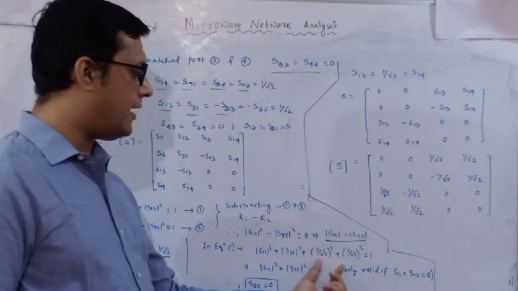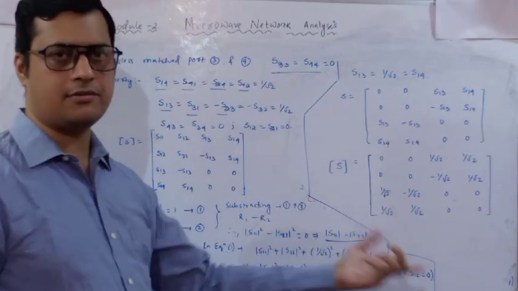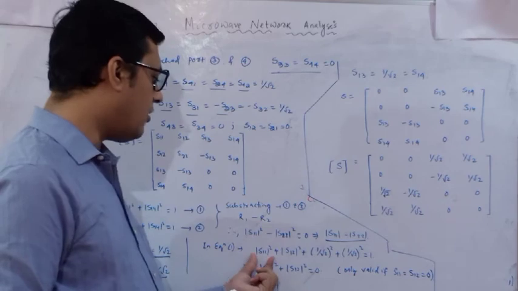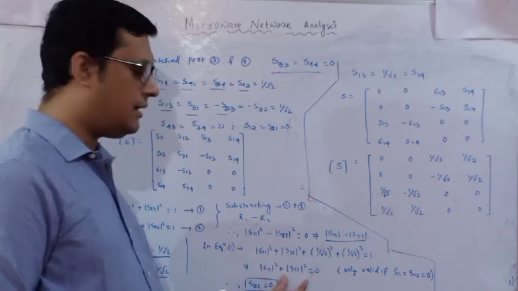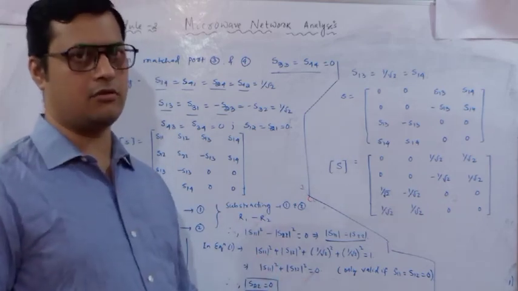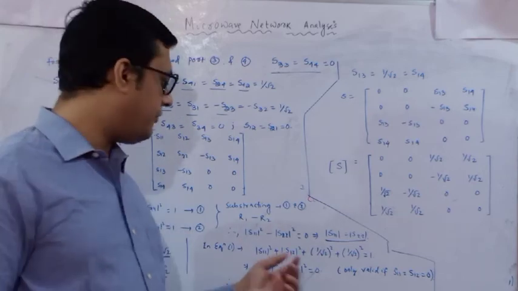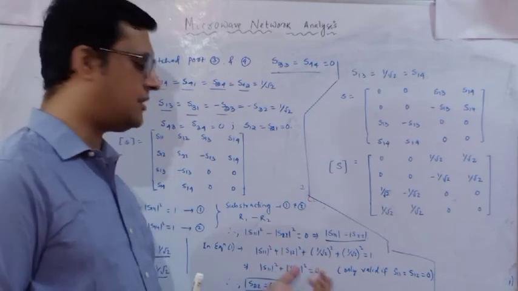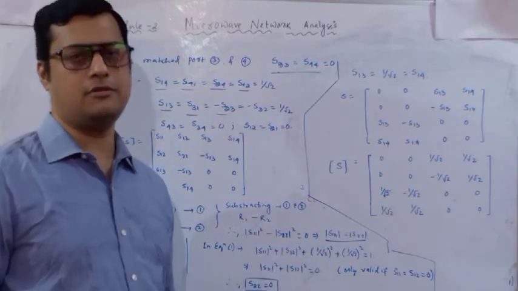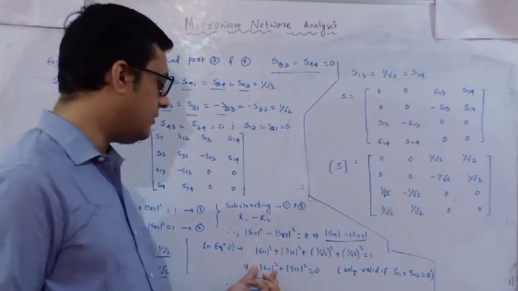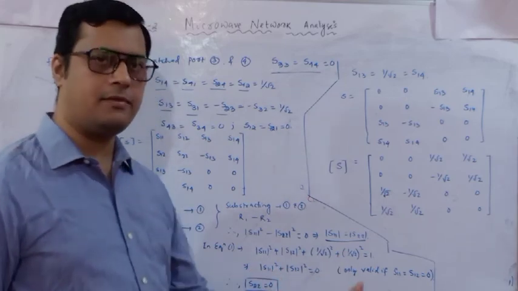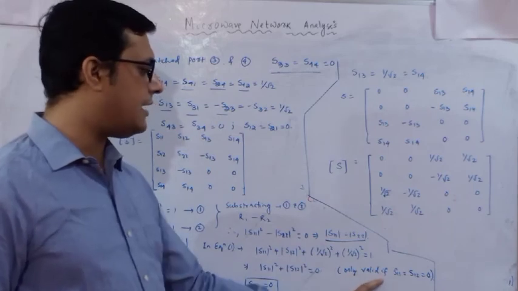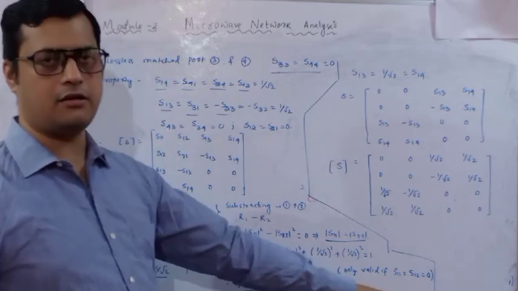So this 1 and this 1, if you subtract with each other, the resultant must be 0, which indicates that mod of S11 square plus S12 square is equal to 0, and it is only possible when S11 and S12 both are 0. Otherwise there is no other option. Okay. So S11 square, S12 square, when will both be 0? When both values are 0. So here I took only valid if S11 and S12 is 0.